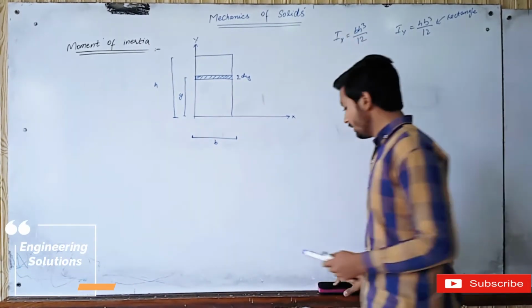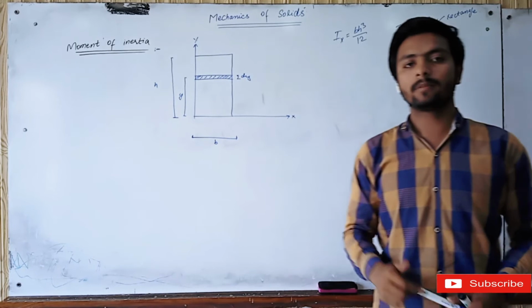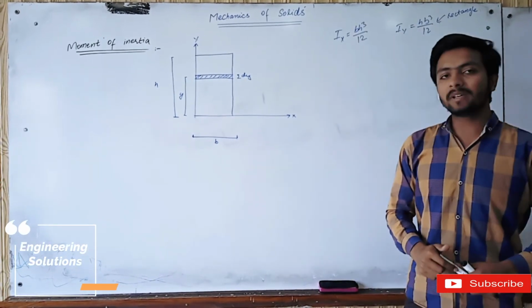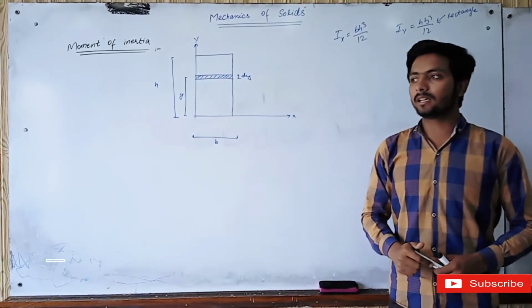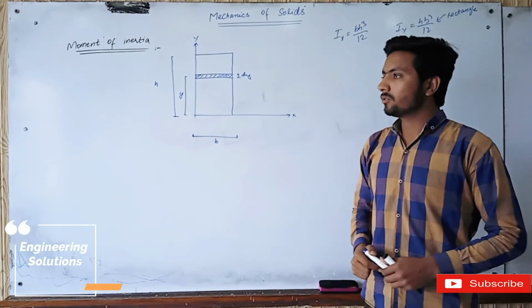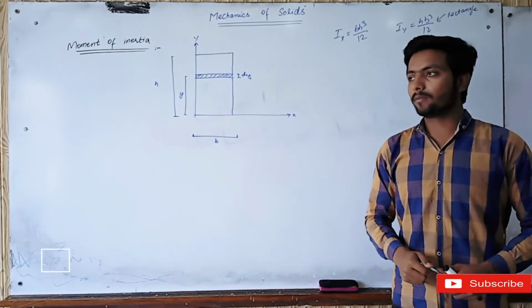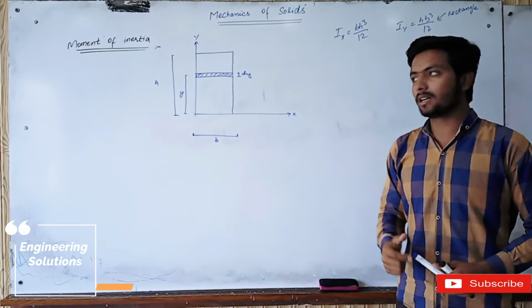We can calculate the moment of inertia about the base axis by two methods. One method is by the parallel axis theorem and the other is from definition. We will discuss both of them, but first of all we will discuss the parallel axis theorem.